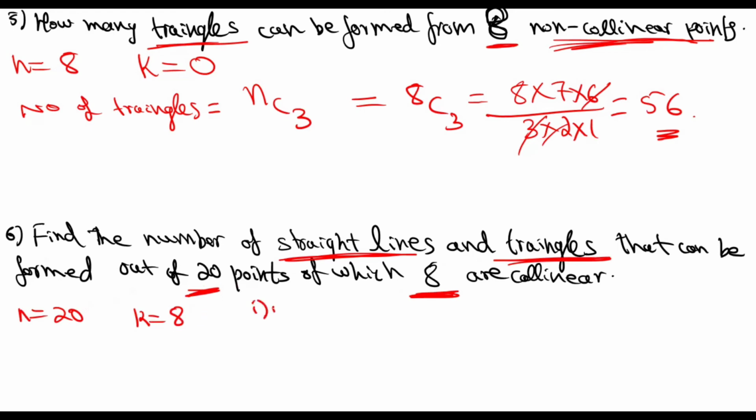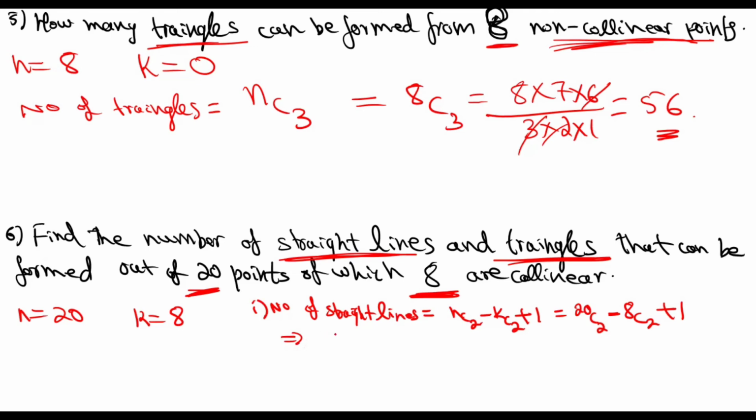First see number of straight lines is equal to, formula is nC2 minus kC2 plus 1. It's equal to 20C2 minus 8C2 plus 1. Okay, this implies 20C2 is equal to 20 into 19 divided by 2 into 1, minus 8C2, 8C2 is 8 into 7 by 2 into 1, plus 1.